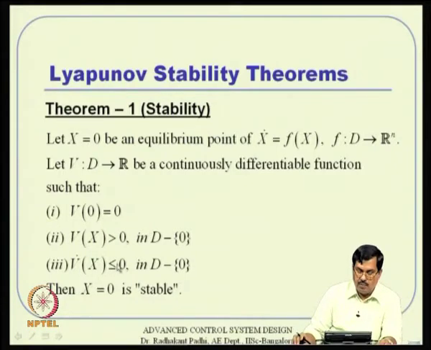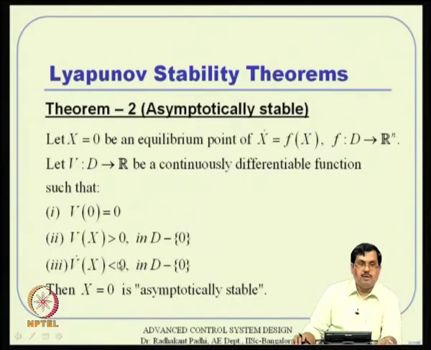So V dot needs to be a negative definite function. And that, as we discussed, is an order of magnitude higher in complexity, because to conclude negative definiteness, V dot needs to be a function of all components of the state variable. If even one component is left out, then we cannot conclude that; we can conclude only semi definiteness. So that is the difficulty it throws up.